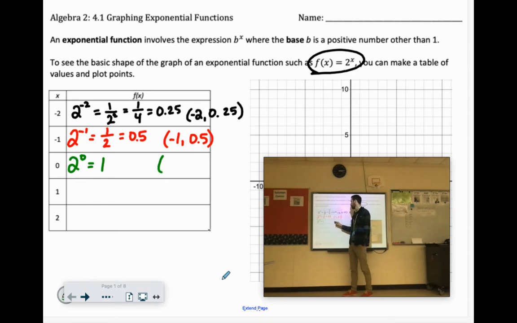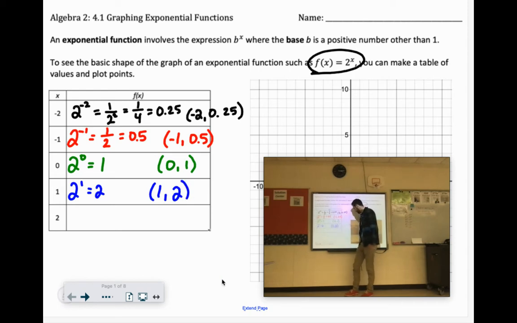So we put in 0, we got out 1. We put in 1, 2 to the 1st power is just 2. So we put in 1, we got out 2. And when we put in 2, that would be 2 to the 2nd power, which is 4. So we put in 2, we got out 4.